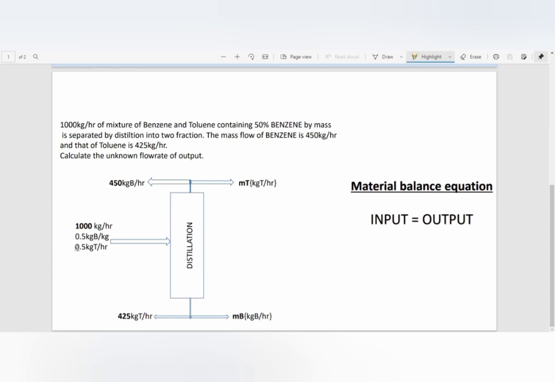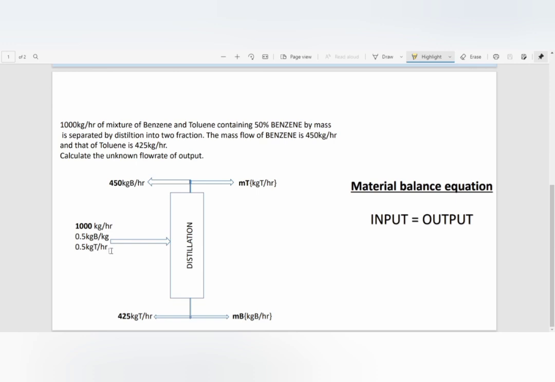Now just read the question ahead. The mass flow rate of benzene is 450 kg per hour, and that of toluene is 425 kg per hour.